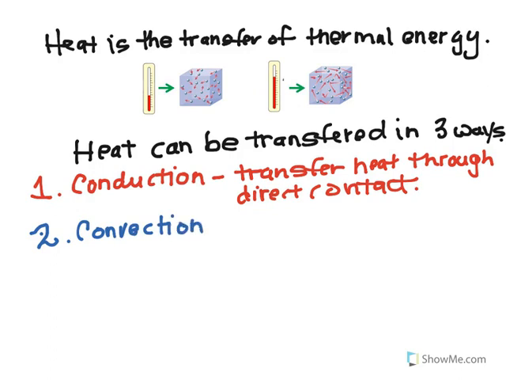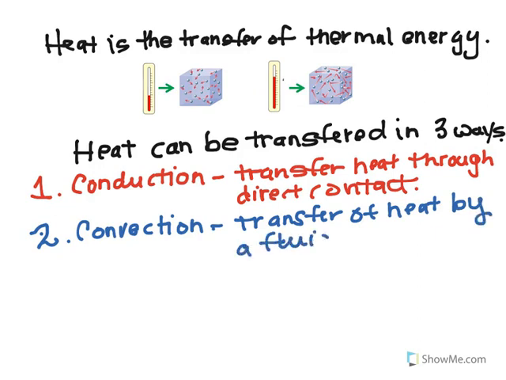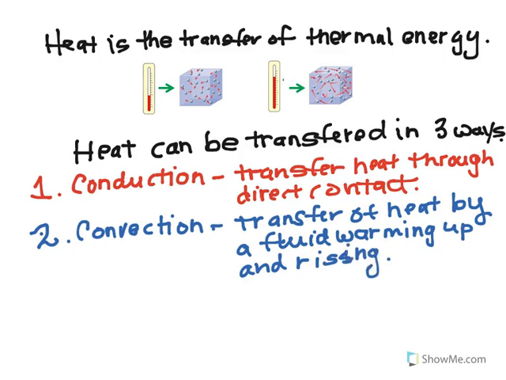So we have convection, and convection is the transfer of heat by a fluid warming up and rising. Okay, so we're going to take notes just like we do in class of some key ideas.